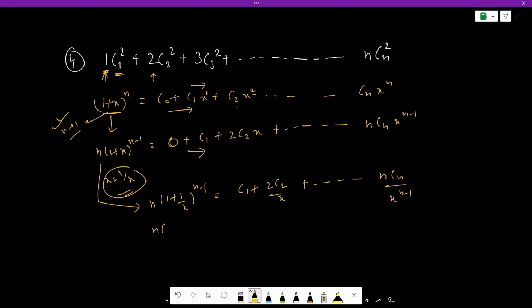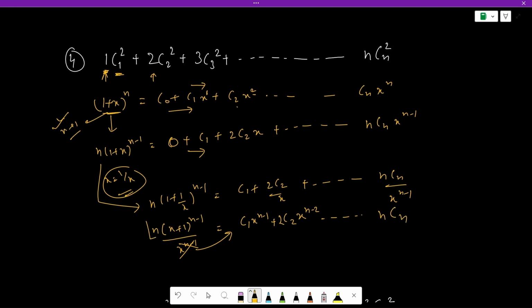So this will be n into (x plus 1) raised to the power n minus 1 divided by x raised to the power n minus 1. Now let's also take this and multiply it. So this will be removed from here, and this will be c1 into x raised to the power n minus 1 plus 2c2 x raised to the power n minus 2 and so on till n cn.